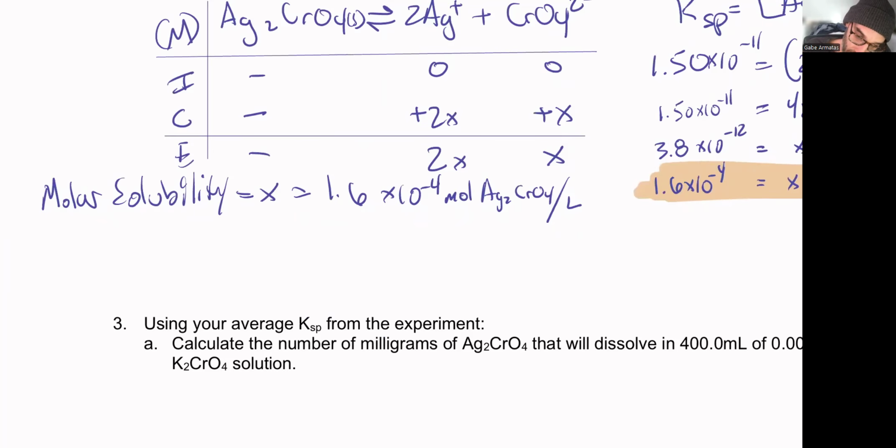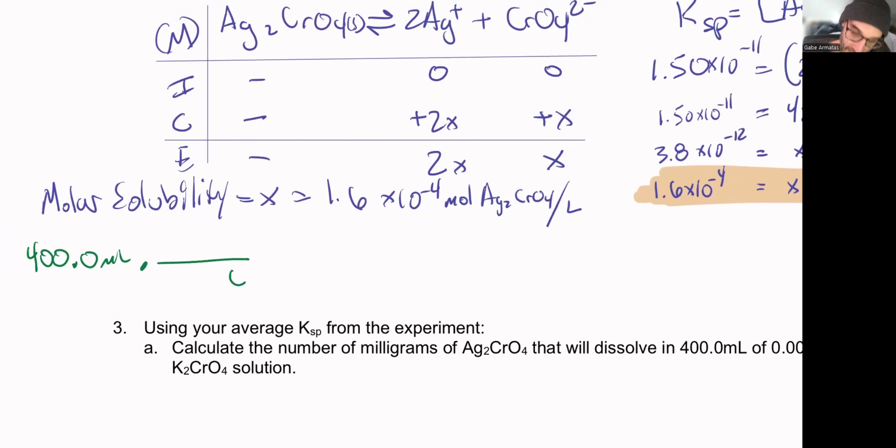So we are going to start with 400 mL because that's how much I wanted to know would dissolve. 400 mL times a fraction. I want the liters to go away and I want moles to remain.